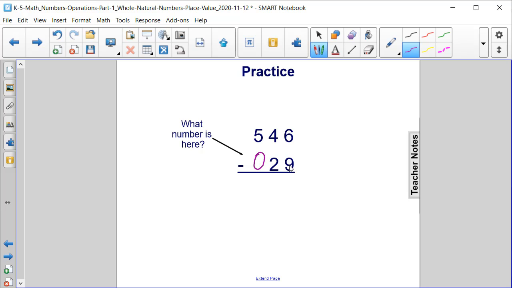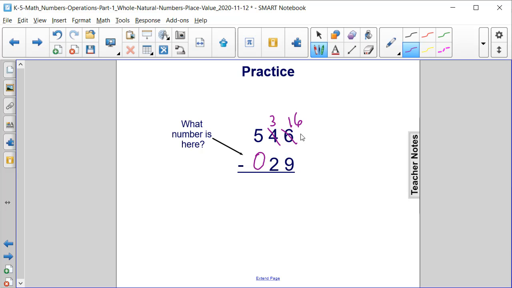So 6 minus 9. Can we do that? We actually can't. And if you'll remember, if there's more on the floor, go next door and get 10 more. So this 46, instead of being 40 plus 6, is going to become 30 plus 16.